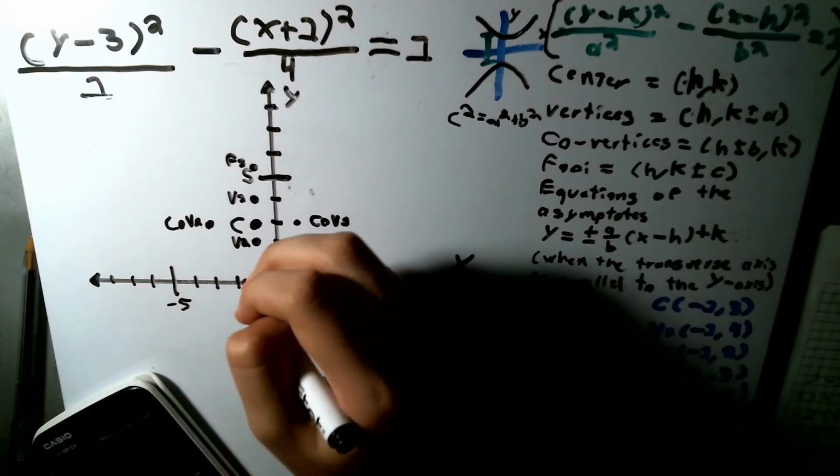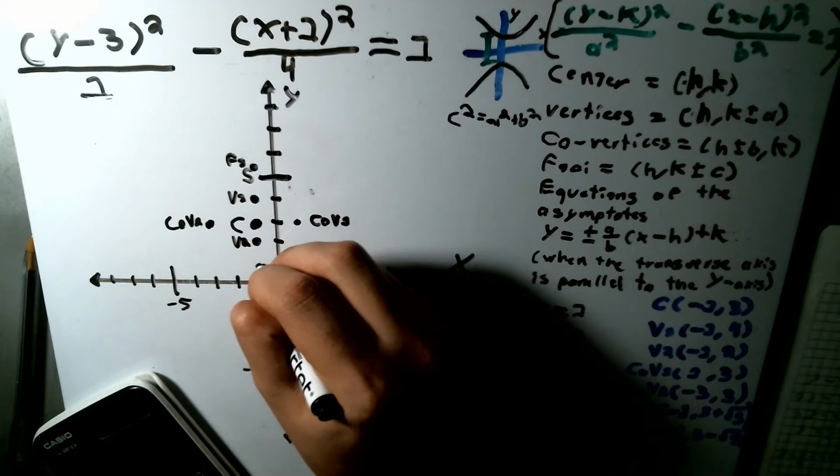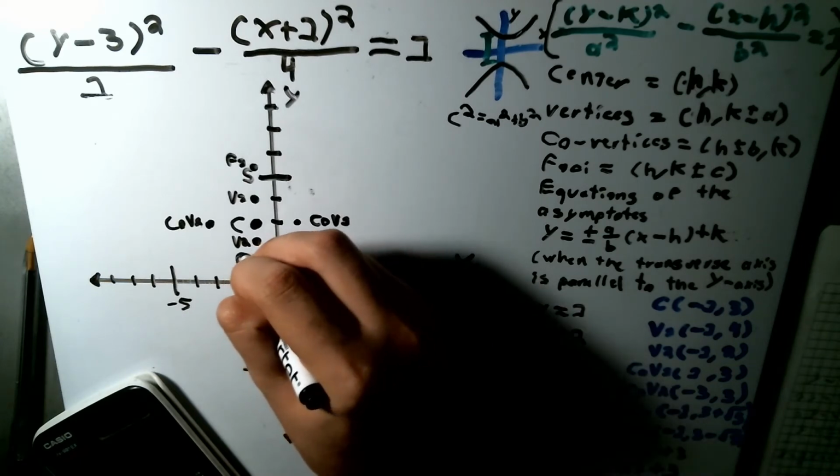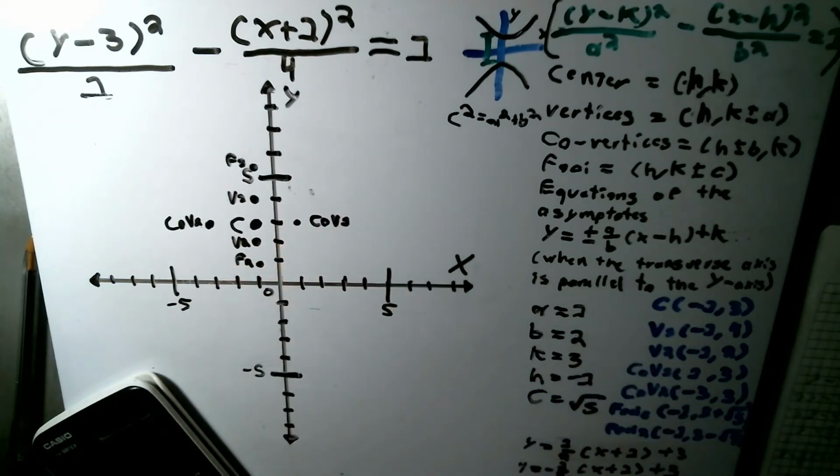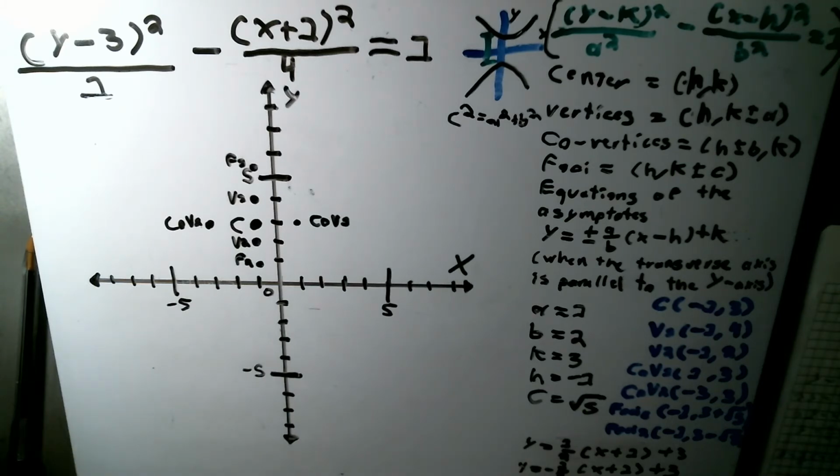So here is foci 2. Alright, the graph is making a lot of sense. This is good.